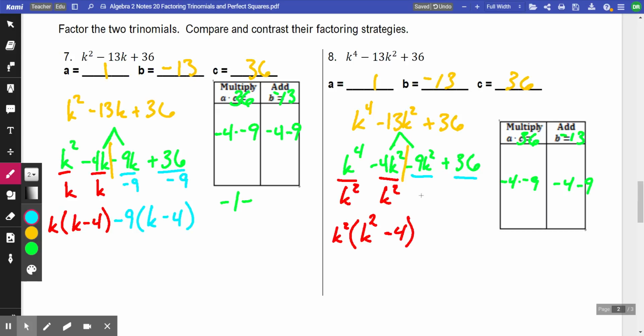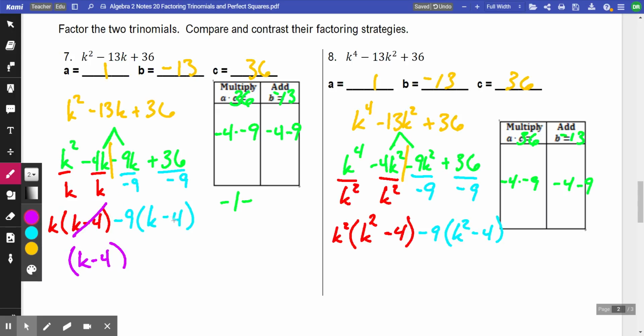It's just different exponents that we might have present because we're going to divide by negative 9 here as well. And when we do that, the rewrite will say negative 9 times k squared minus 4. Okay, and so when we see those matching factors, we can rewrite, and this would be k minus 4.